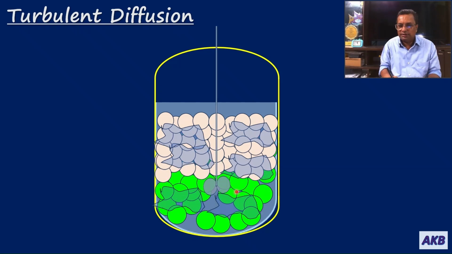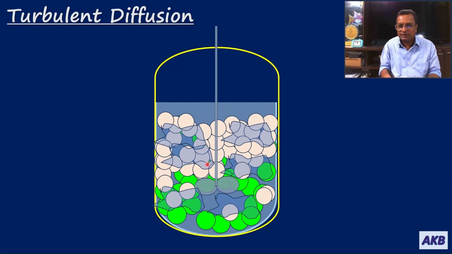So the substance with green molecules will be moving from a place of high concentration to a place of low concentration. And this movement will be brought about along with the movement of the eddies that are formed within this liquid. Why is there formation of eddies? Due to the turbulence that is created by agitation.